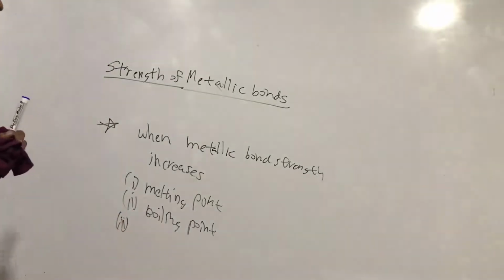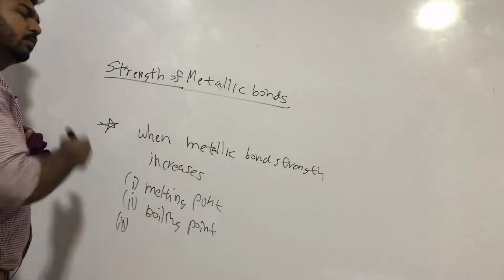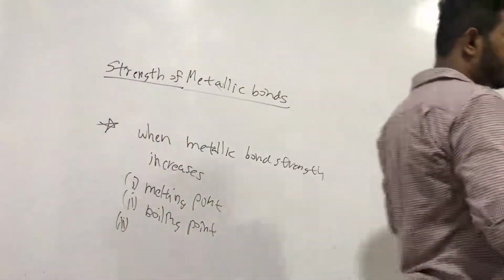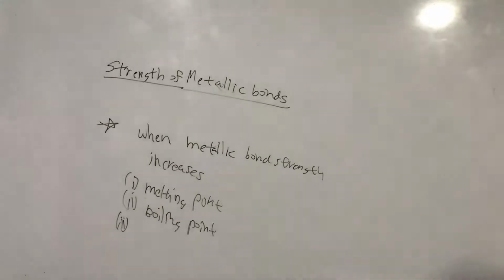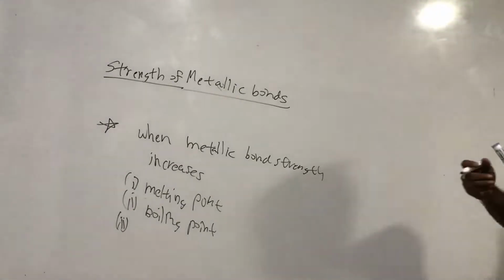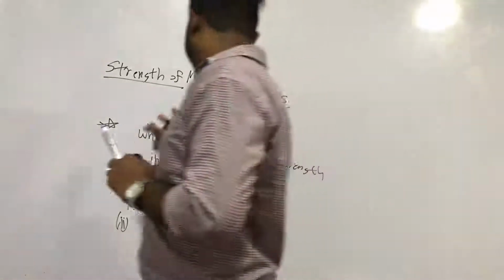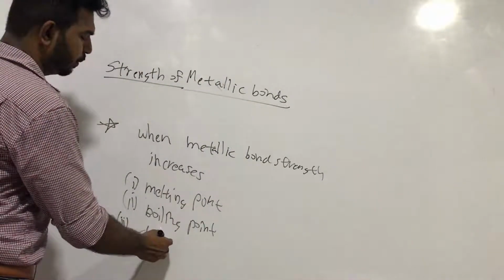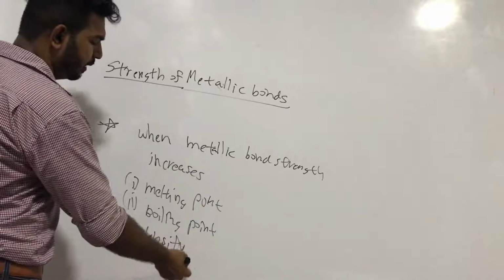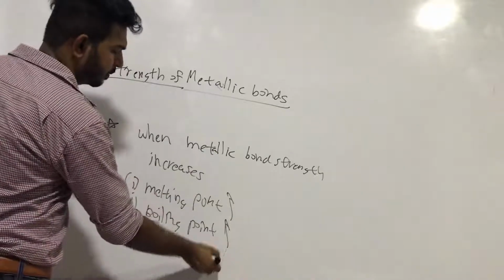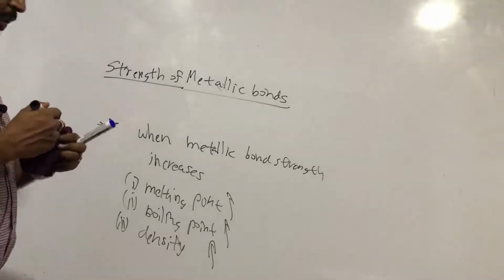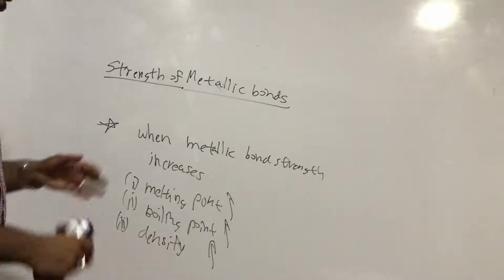Okay, write this important fact. When metallic bond strength increases, the third one is density, which also increases. So all these three points increase with the metallic bond strength.